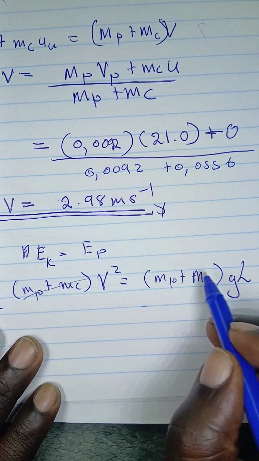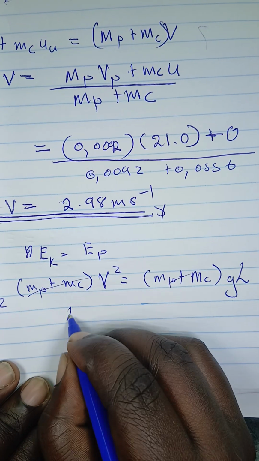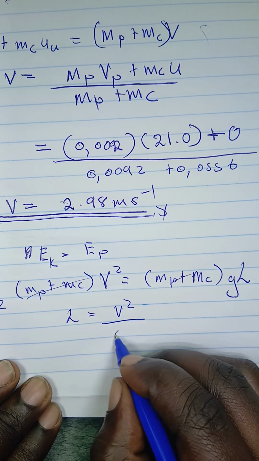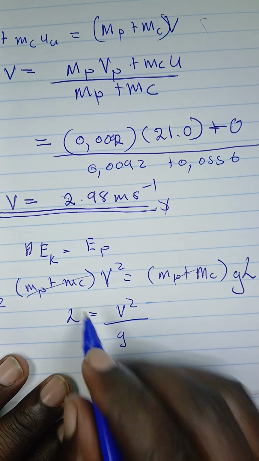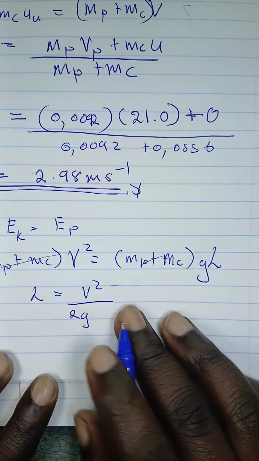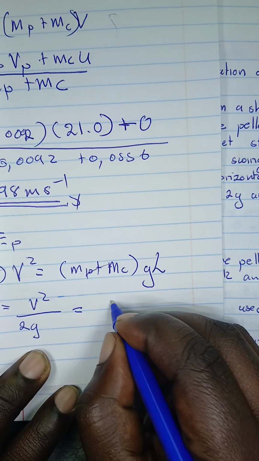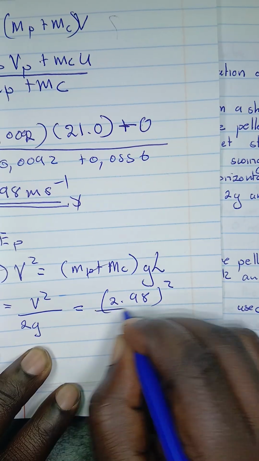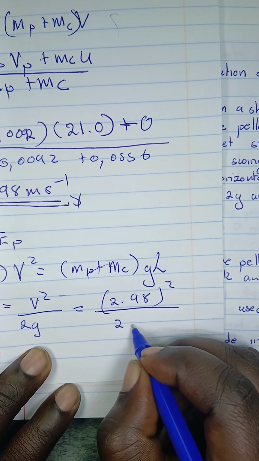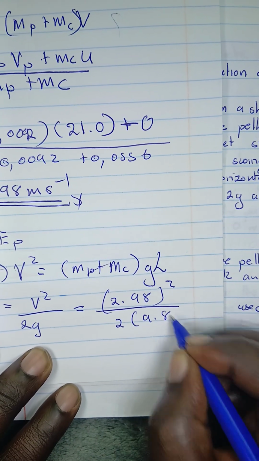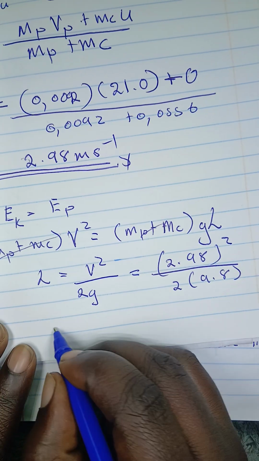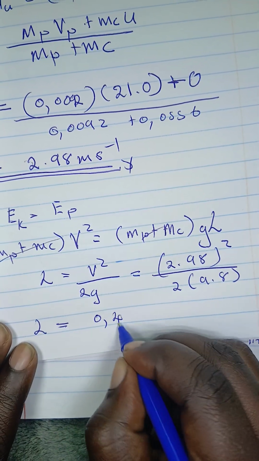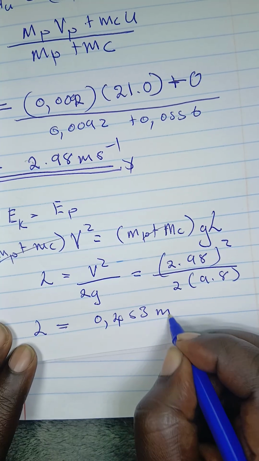So these ones cancel out, and we have L is equal to V squared over 2g. So we substitute into this 2.98 squared all over 2 times 9.8. That's the acceleration due to gravity. So our L is going to be equal to 0.453 meters.